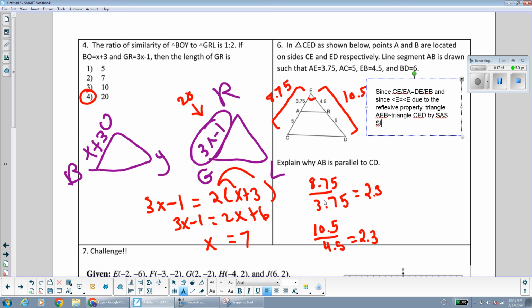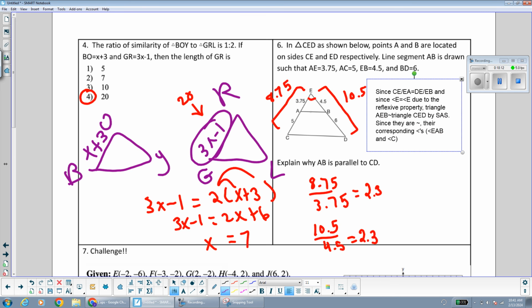Since they are similar, their corresponding angles, angle EAB, I'm just picking two, and angle C, and I'll put those in the diagram as well so you guys can see them.